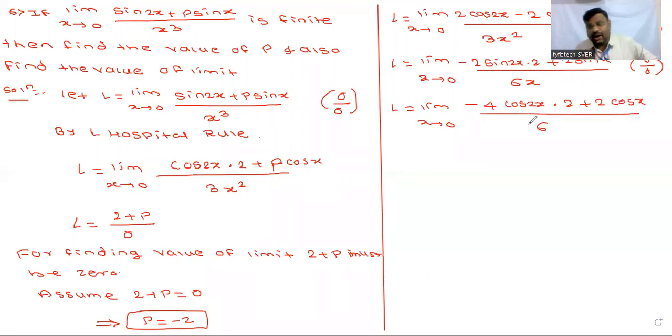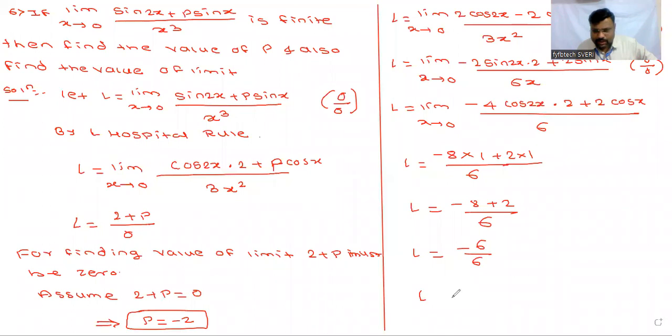Now the denominator is not 0, so we can put the value directly. So the value of denominator is 6. Numerator: −4 into 2 is −8, into cos 0 which is 1, plus 2 into 1. So just simplify. L equal to (−8 + 2) divided by 6. That is L equal to −6 divided by 6. What is the value of L?